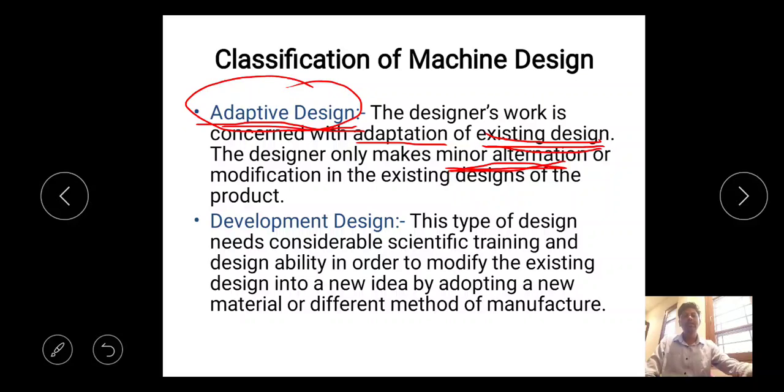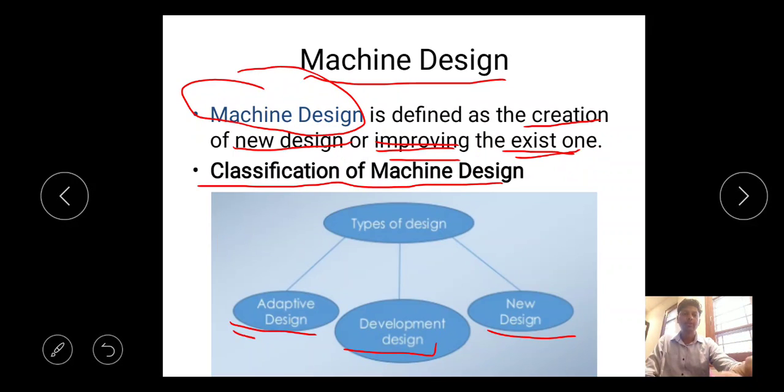Next is development design. But before that, you understood what adaptive design is: adopting a small improvement. Next is new design. New design means there is no particular product or machine before; you are developing your own, a new machine.